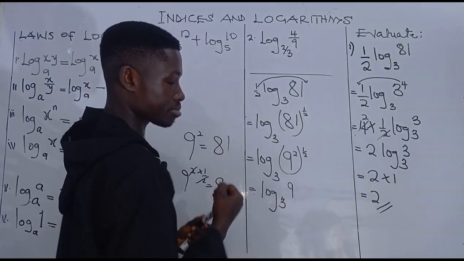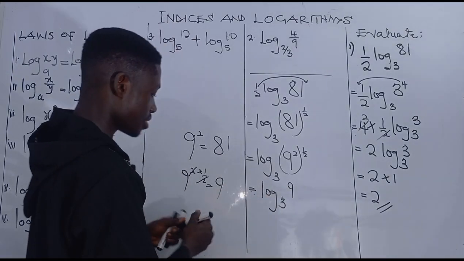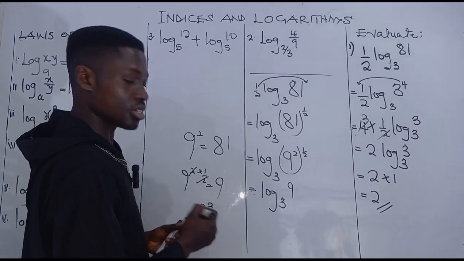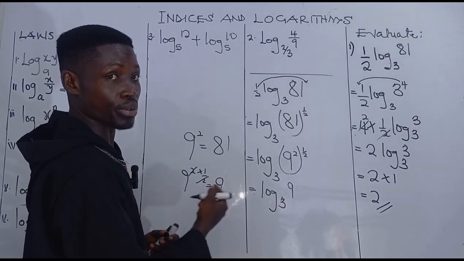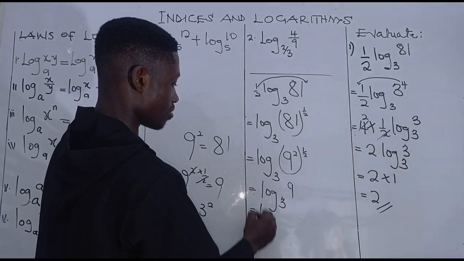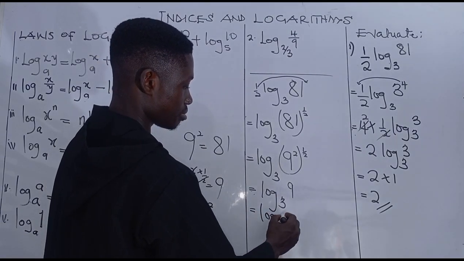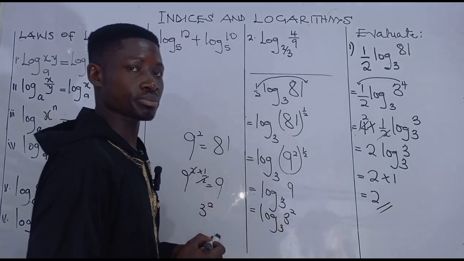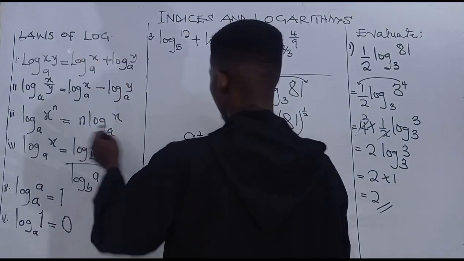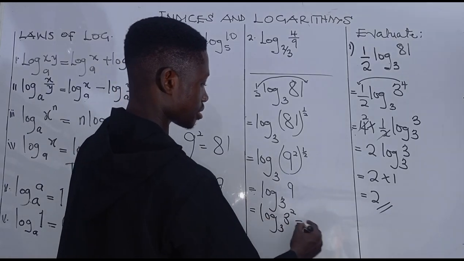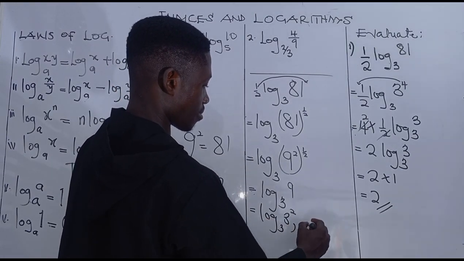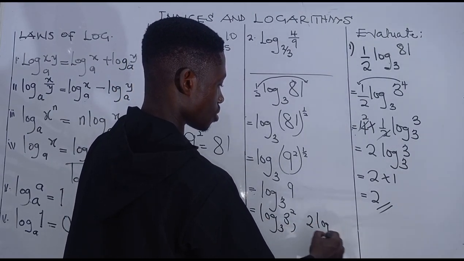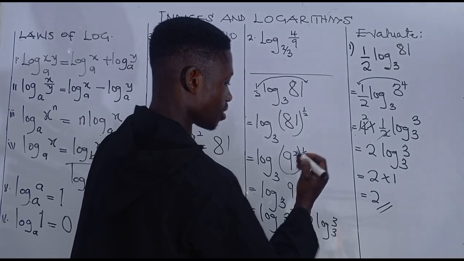Now looking at this, we can write this as 3 raised to the power 2. So in place of 9, we are going to write 3 raised to the power 2. So we have log of 3 raised to the power 2 to the base of 3. Applying this same law, we can write this as 2 log of 3 to the base of 3.